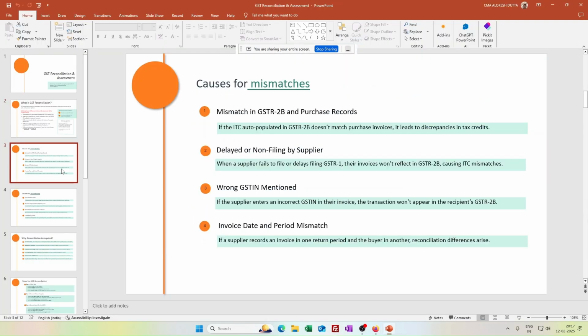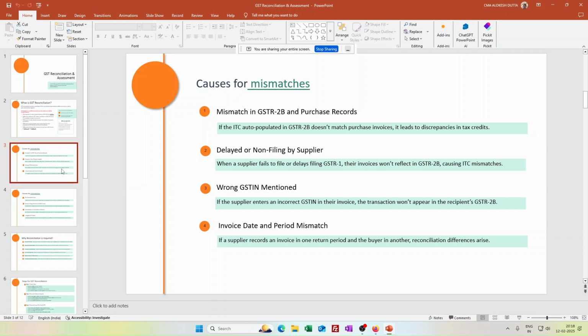Now, what are the different causes of mismatches? Mismatch in GSTR 2B and purchase book, purchase record. Purchase record means purchase ledger or purchase day book. If the ITC auto-populated in GSTR 2B does not match with purchase invoices, it leads to discrepancy in tax credit.